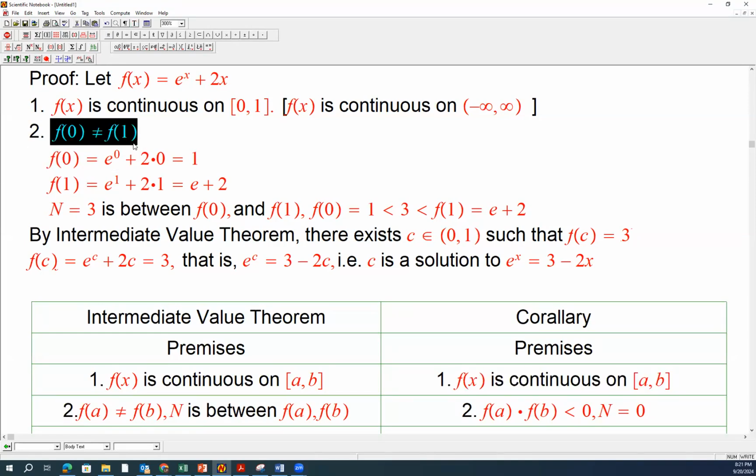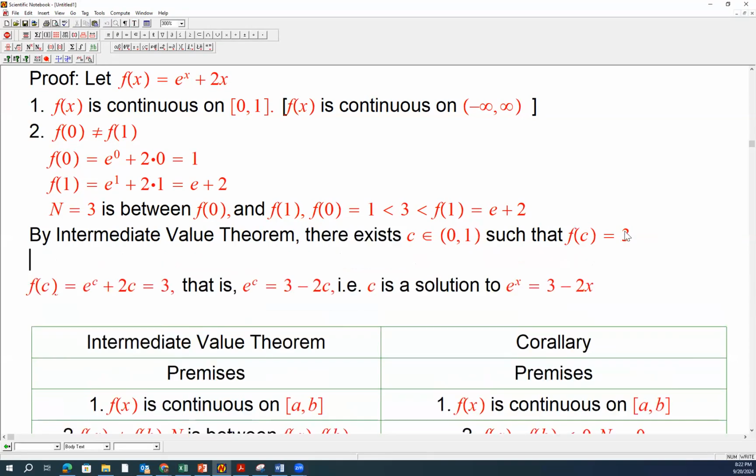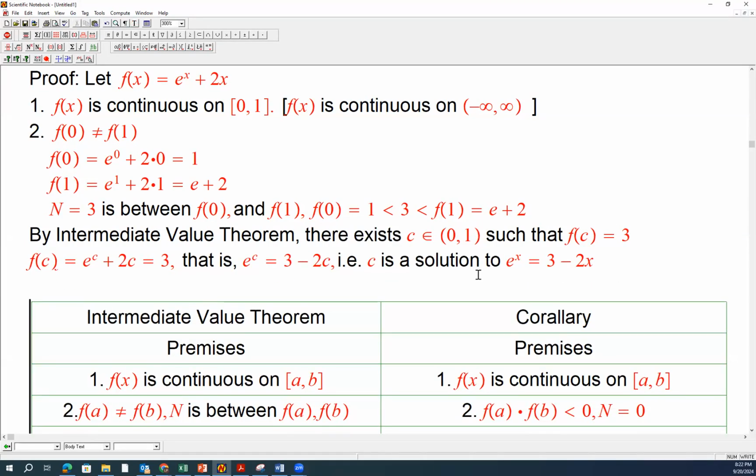Secondly, you demonstrate the number capital N you have chosen is between f of A and f of B. And third, you just apply the theorem. When you apply the theorem, you must use the same wording. You need to say there exists. This phrase is necessary. And the rest of it is mainly to make it easier for the reader to understand. Look, e to the power c is 3 minus 2c. That demonstrates that c is a solution to the equation.